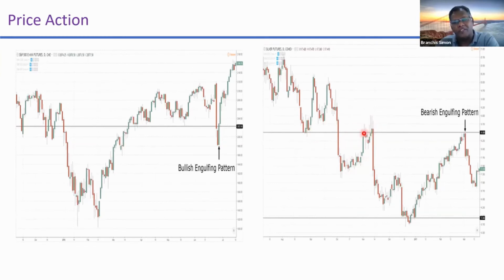So it will test again and again. So when you see the bearish engulfing, then you're pretty much sure that the market is probably going to go down.